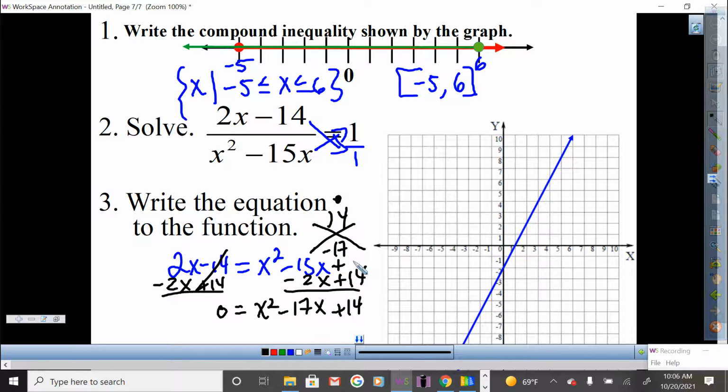Think about it. Tell your neighbor those numbers. Alright, Jaden, what two numbers multiply to give me 14 and when you add them give us -17?